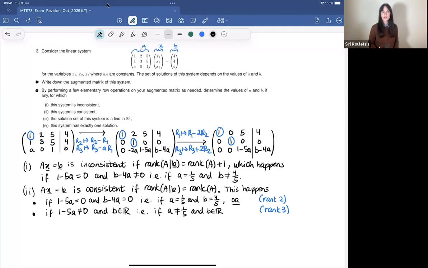And now we need to answer if there are any values of A and B for which the solution set of this system is a line in R3.